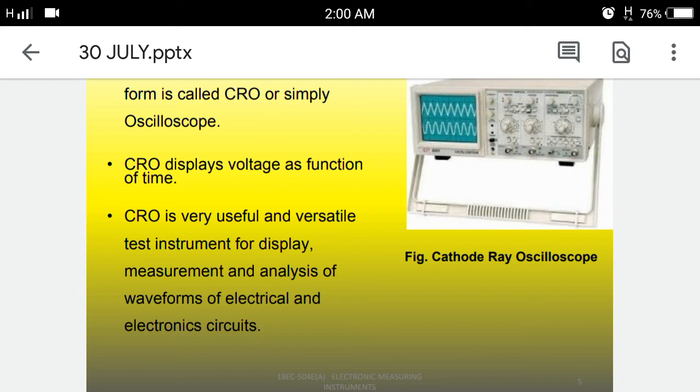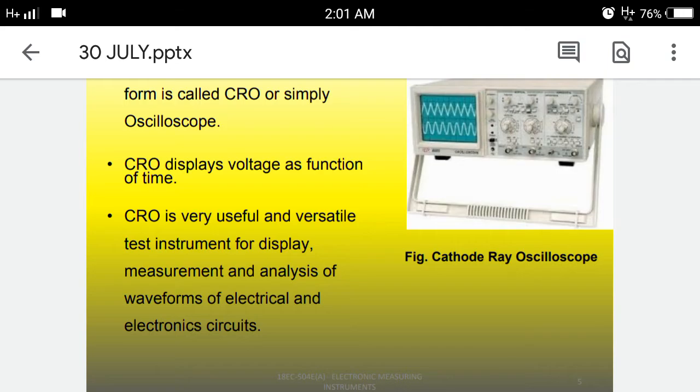And the second point, CRO displays voltage as a function of time. CRO is a very useful and versatile instrument for display and measurement analysis of waveforms of electrical and electronic circuits.